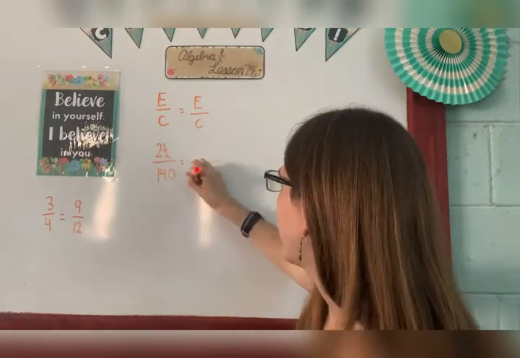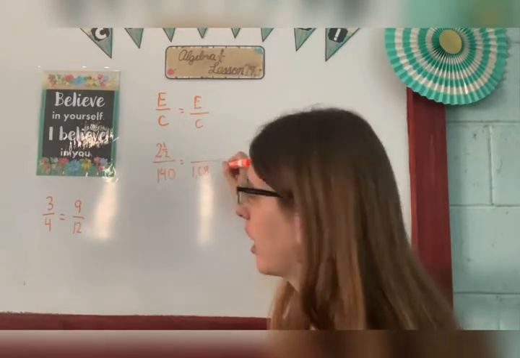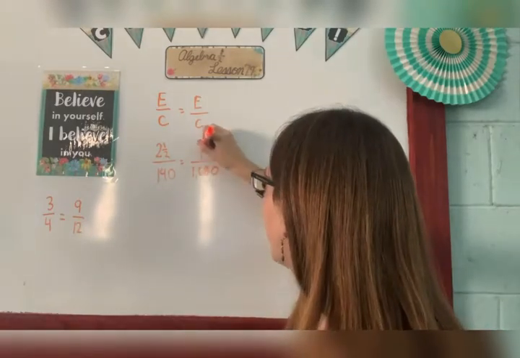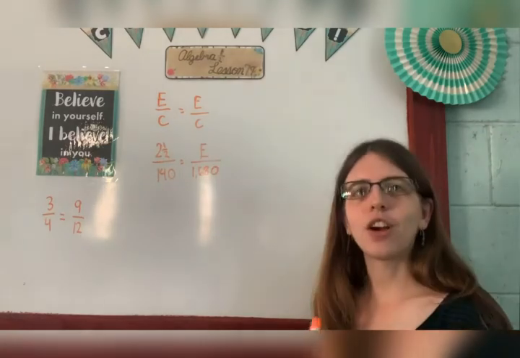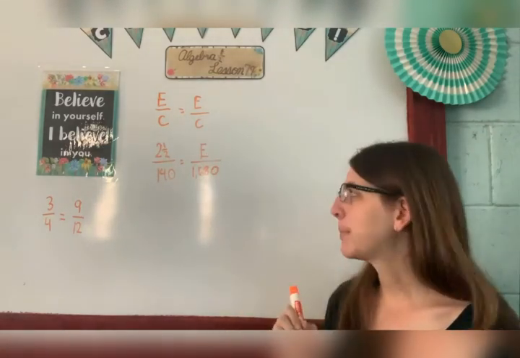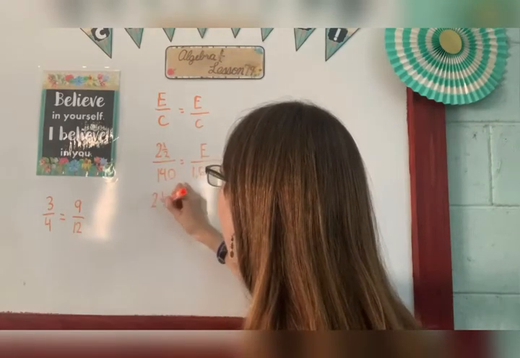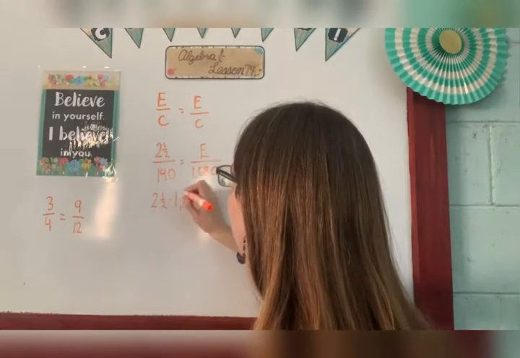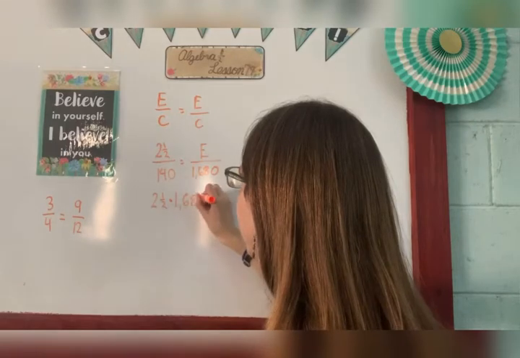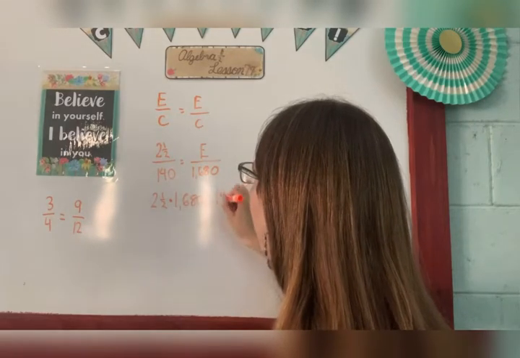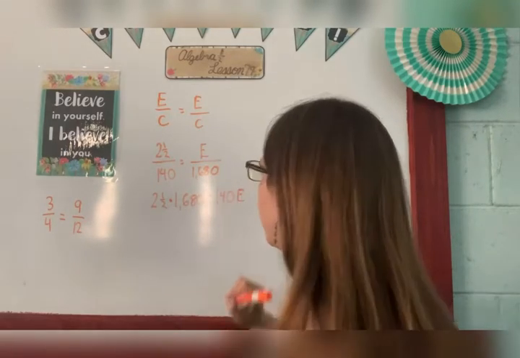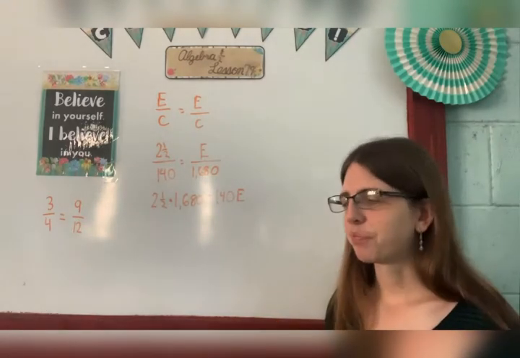I want to make 1,680 cookies, so I want to know how many eggs are needed. So to solve this problem, you cross multiply. 2 1/2 times 1,680 equals 140 times your missing eggs.